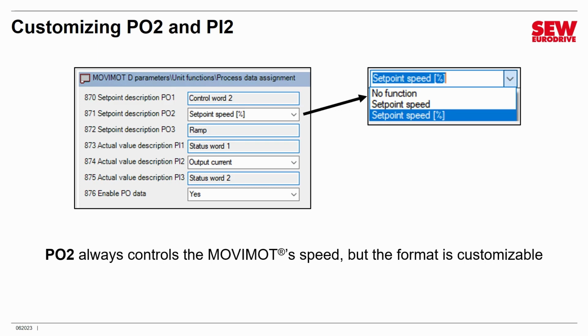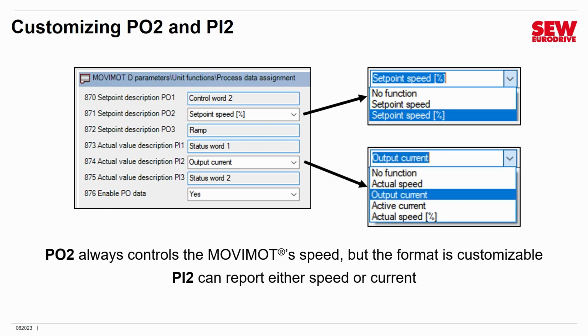You can either send it in RPM, that's set point speed, or you can send it as a percentage, set point speed percentage. That will be a percentage of the maximum speed that you've either dialed in with the F1 dial on top of the control head or that you've set by a parameter. By default, the MOVIMOT will look for a percentage, but you can change this to RPM if you wish.